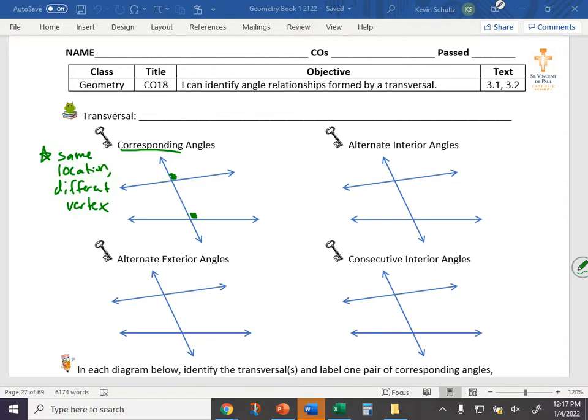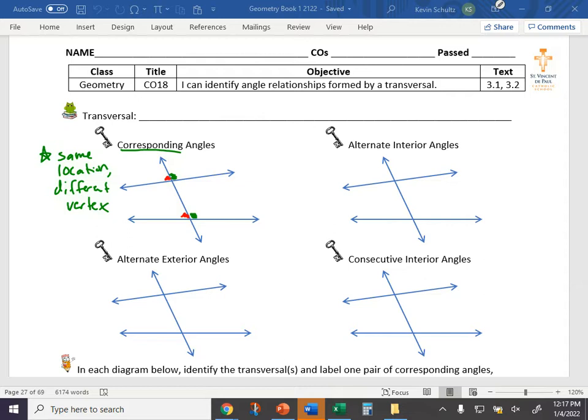The second pair of corresponding angles, if I were to highlight the top left angle in that first vertex, which angle would correspond with it in my other vertex? The top left of the bottom, right? Same location, different vertex.